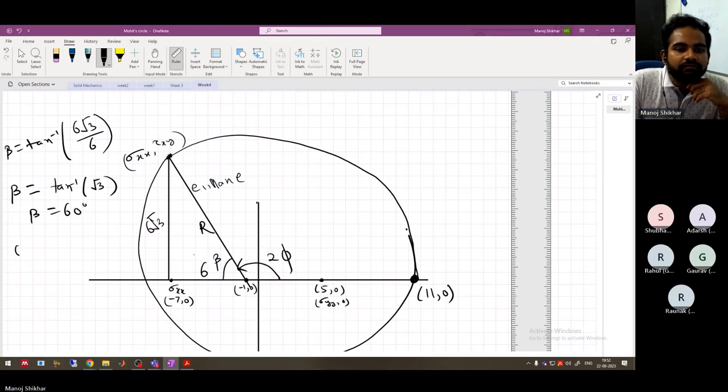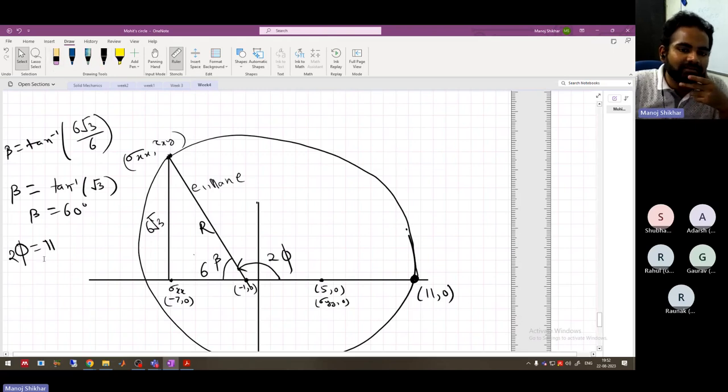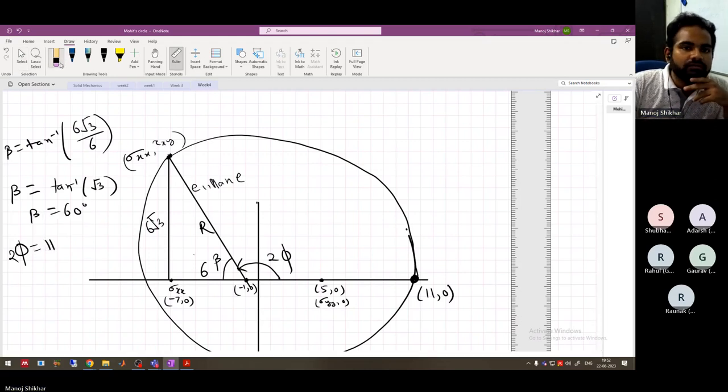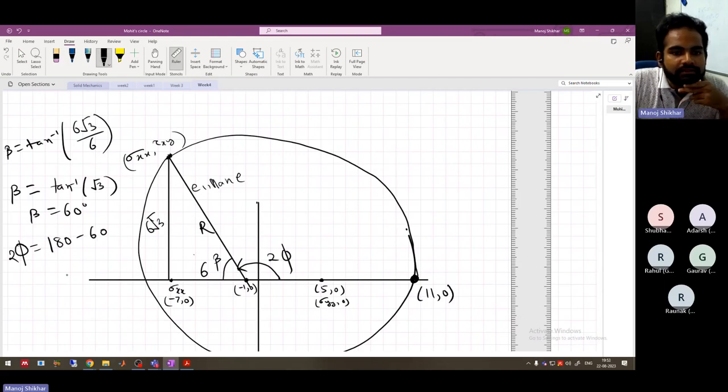This means 2 phi is 180 minus 60. Because I'm using degrees, I should not write pi. So that is 120 degrees. 2 phi is 120 degrees.